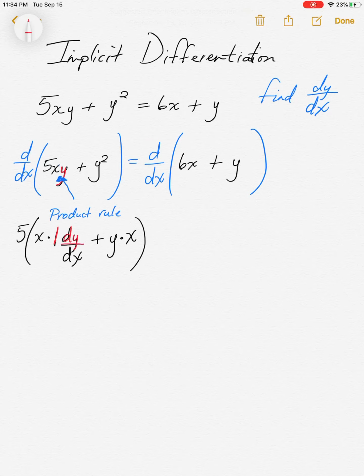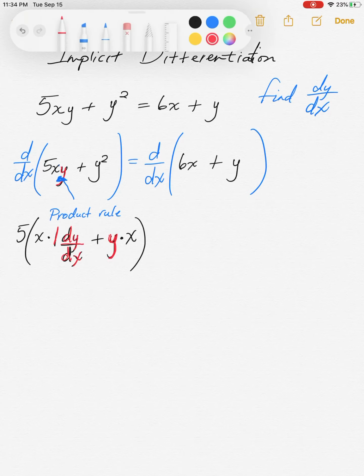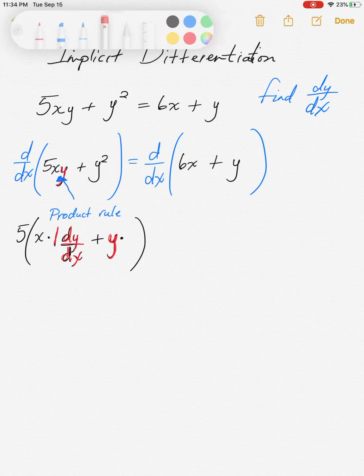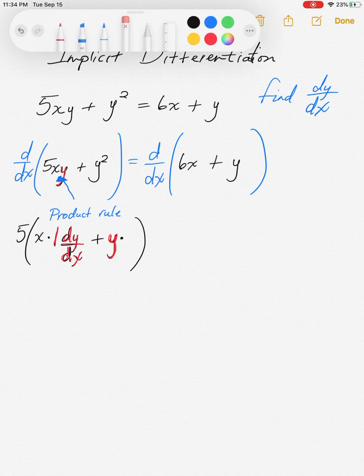This piece came from taking the derivative of y, then plus the second times the derivative of the first. That should have been 1.